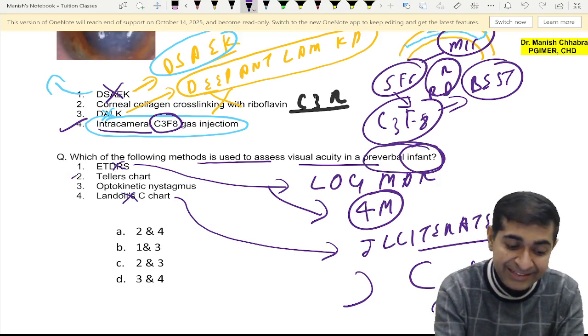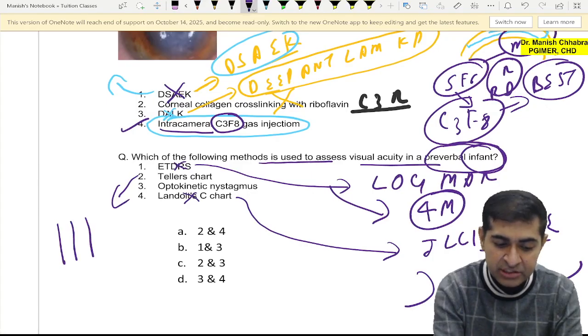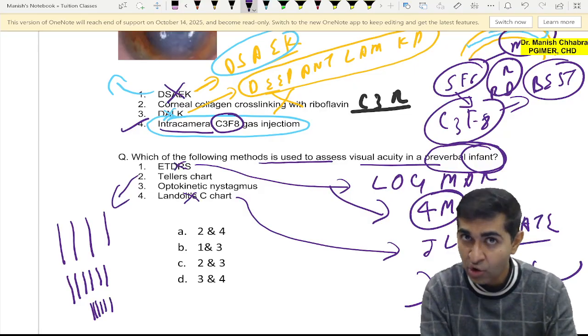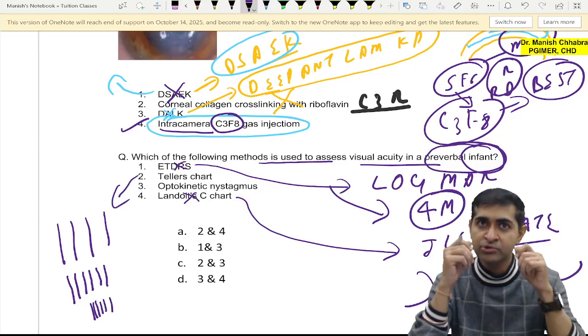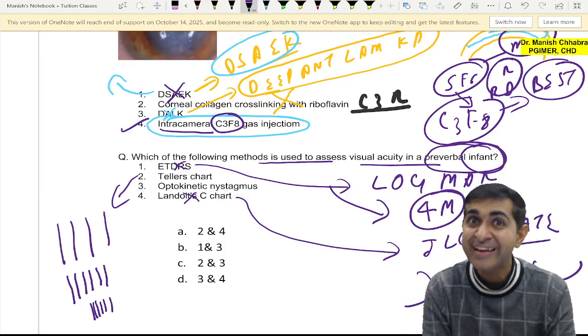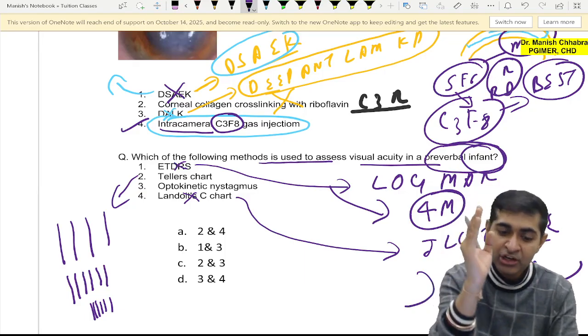So one is your Teller chart. What happens in the Teller chart? There are multiple charts with decreasing distances between the multiple lines which are drawn. These charts are shown to a pre-verbal infant, and based on the identification, we can have the assessment of the visual acuity.